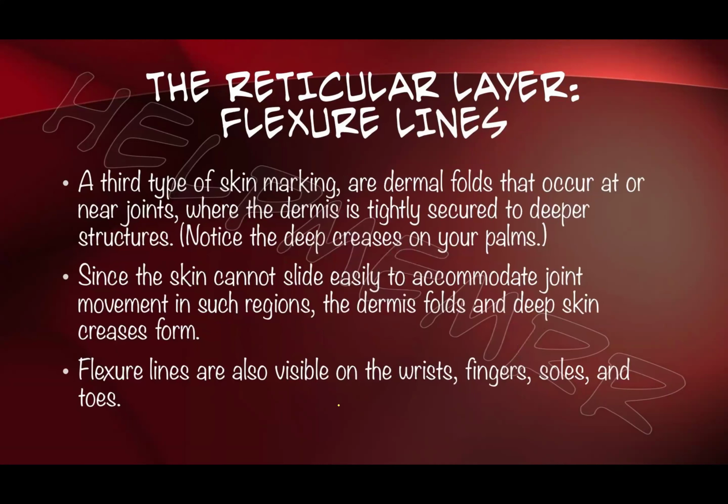So you'll see this. Next, we have flexure lines. What I want you to do is look at your hand. One of the most interesting ones, for me, is right underneath your palm. There are two flexure lines. If you move your hand so that your palm is facing down, you'll see in your wrist you have these bends, these folds of skin.